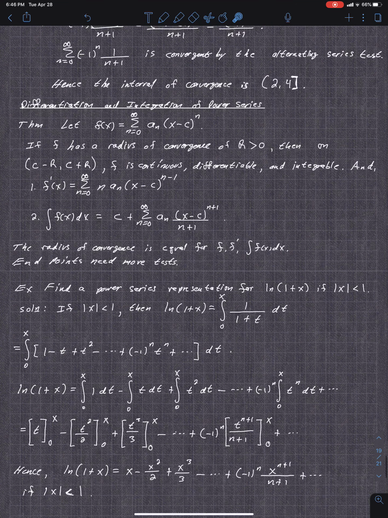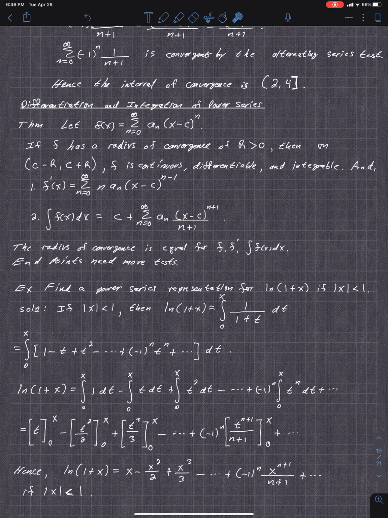So next is differentiation and integration of power series, and some power series representations. Here's our power series, and you assume F has a radius of convergence of R, whatever that may be.